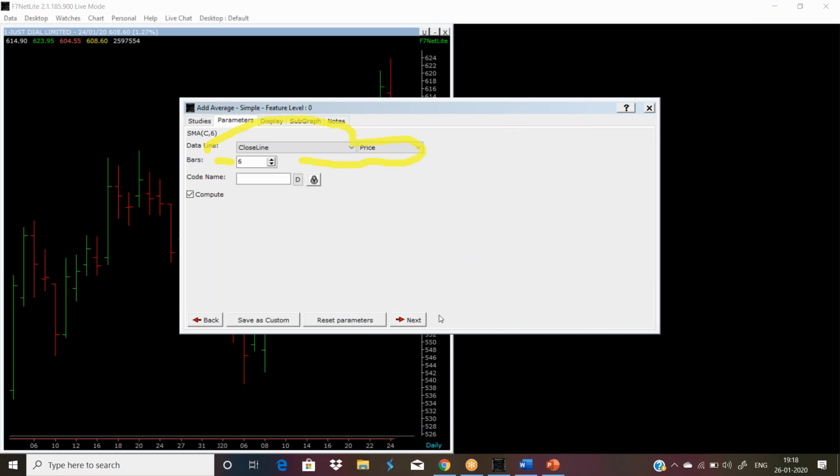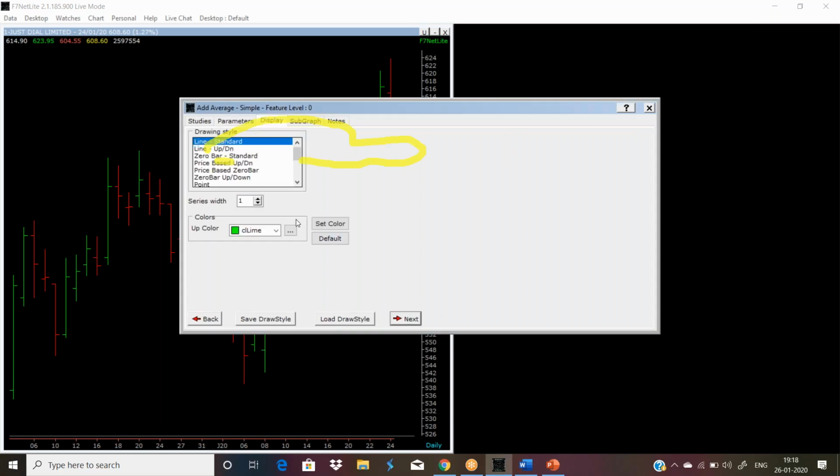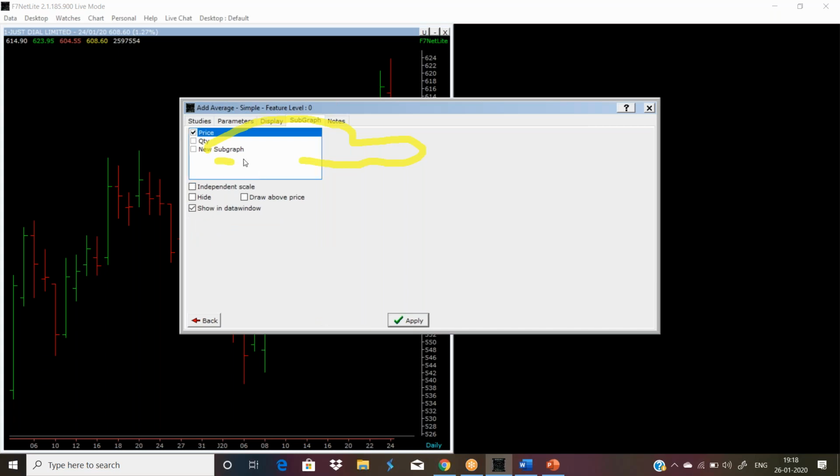I can add a little thickness, and I will add it in the price section. There is a tick mark. So I will add and apply it.